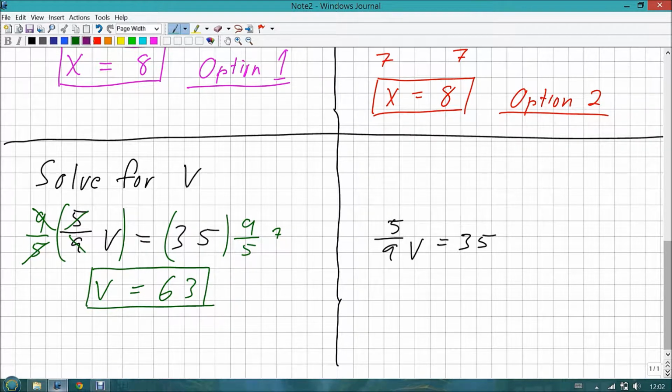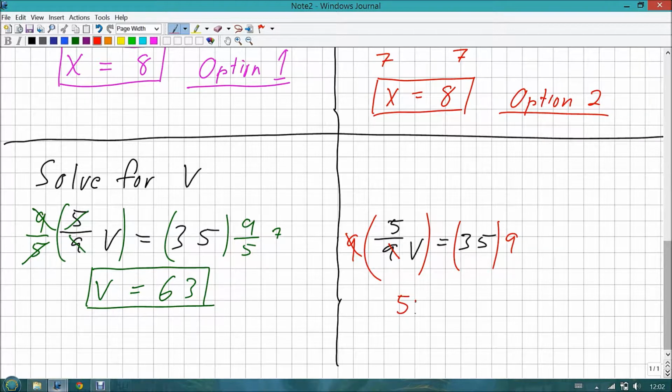Now, what about option 2? Well, option 2 says to get rid of a number on the bottom, you multiply both sides by that number. Or to get rid of a number on top, you divide both sides by that number. So we're going to start out by doing one of those things. We are going to multiply both sides by 9. Now, when I multiply both sides by 9, the 9's cancel.